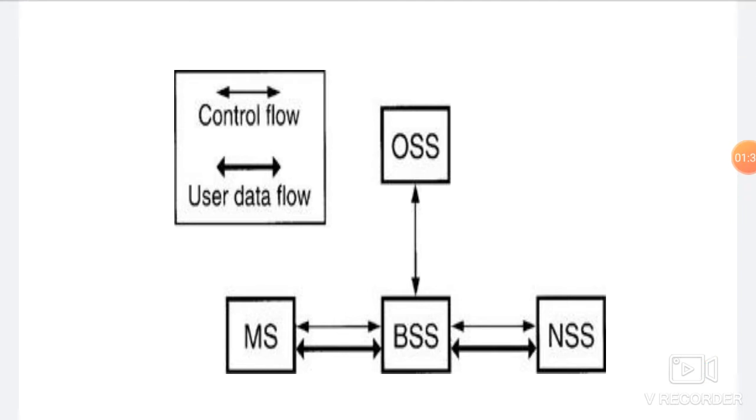Now we are going to look at each one individually. First, the mobile station includes two components. The first one is the mobile equipment, which is ME, and the subscriber identity module, which is your SIM.